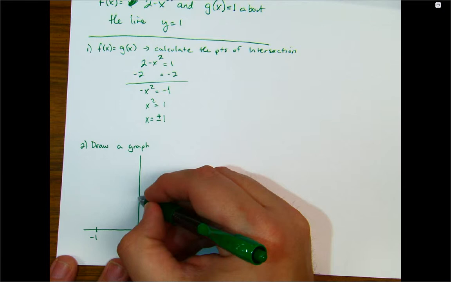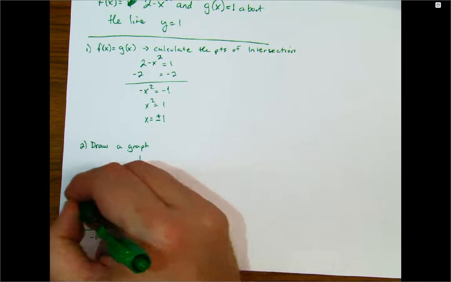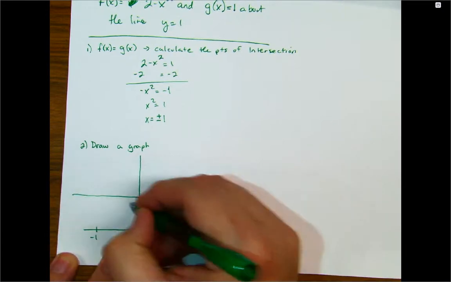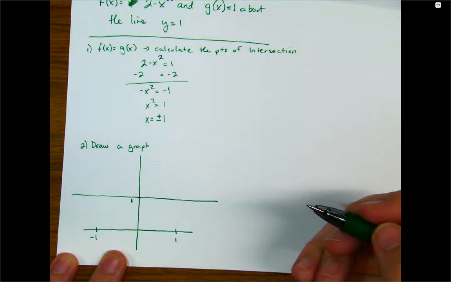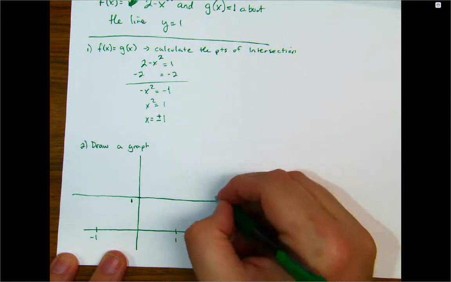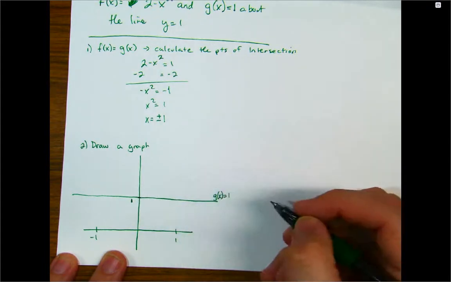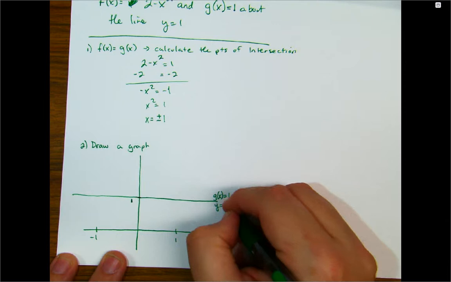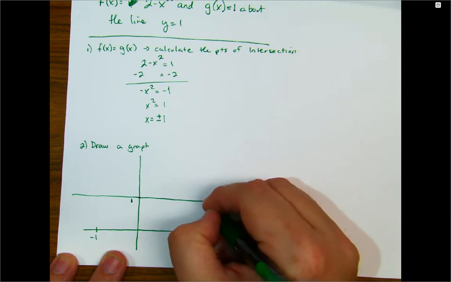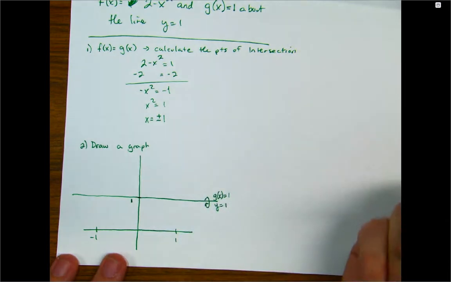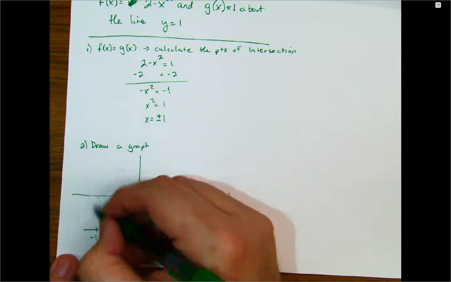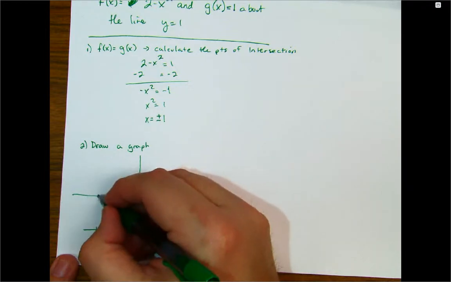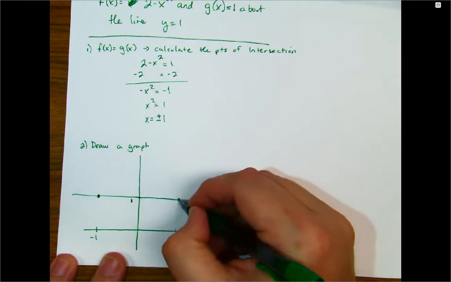I'll put a 1 there, and I'm going to draw this line at 1. And that's g of x is equal to 1, but it's also y equals 1. And that's our axis of revolution too, which is nice. Just happens to be both of them. Now I know that both graphs intersect here.